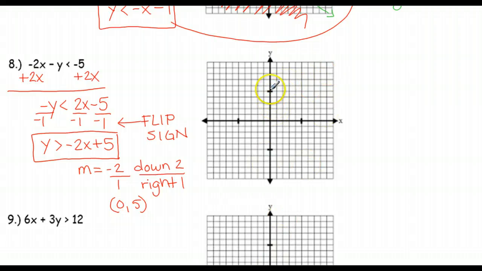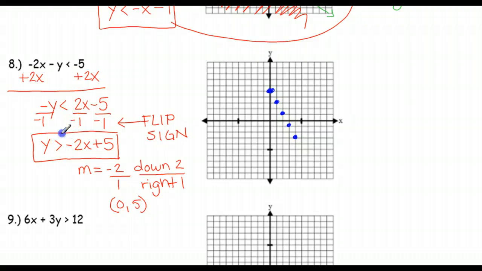So 0, 5. That's right here. Next thing we're going to do is use our slope, which is down 2, right 1. And we can keep going down 2, right 1, as long as we want, or we can stop once we have at least 2 points.